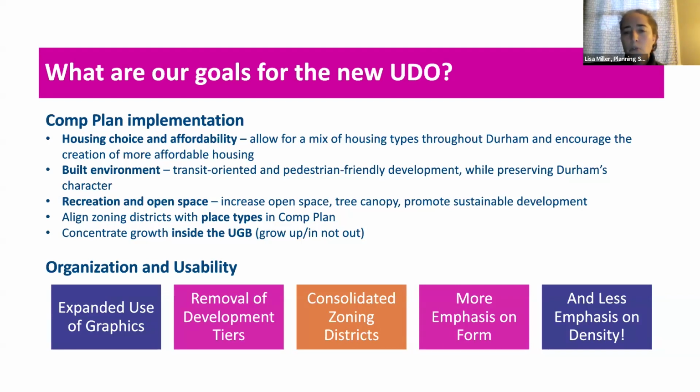So removal of those development tiers is part of both the usability of the code as well as implementation of the comprehensive plan, as those were removed from the comprehensive plan when it was adopted.